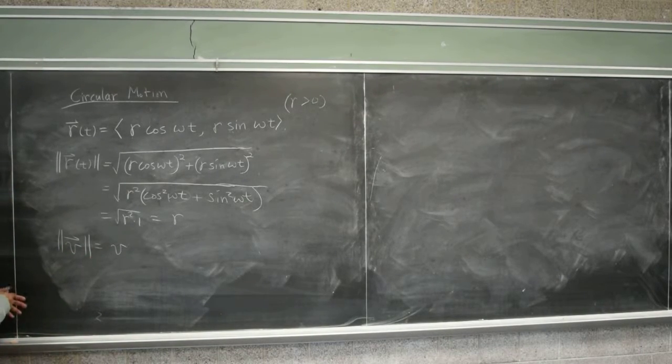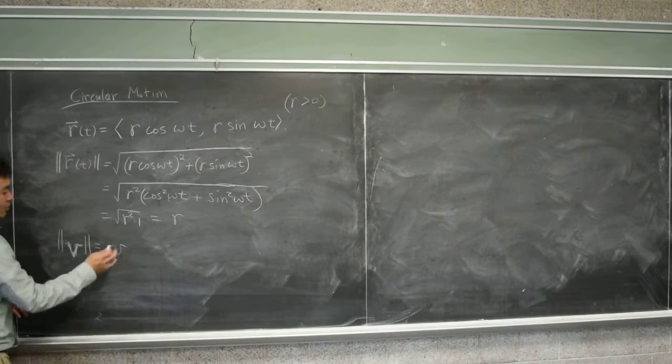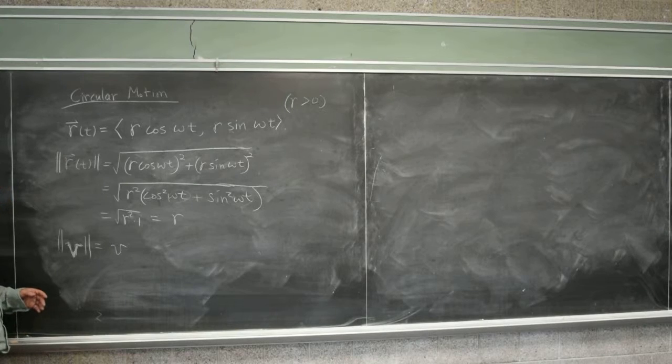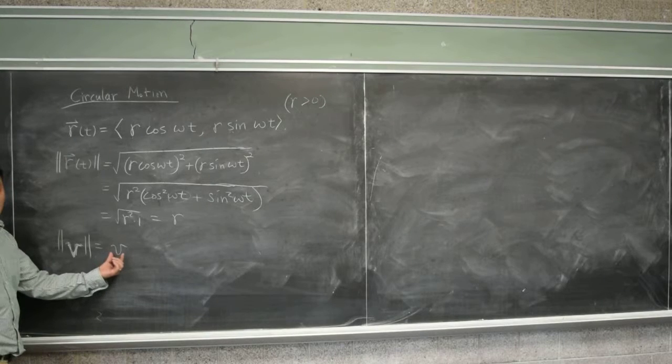They actually write the bold-faced font for vectors. So if you have a bold-faced v and a regular face v, you should understand the vector version's magnitude as being written in the regular font.